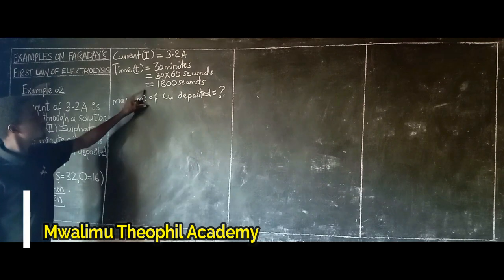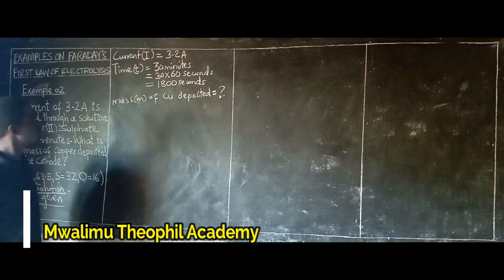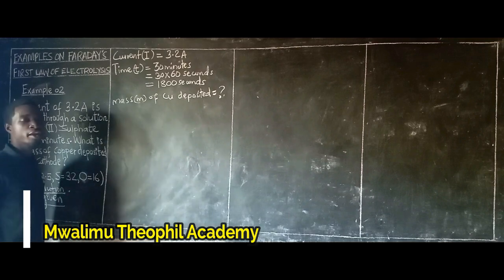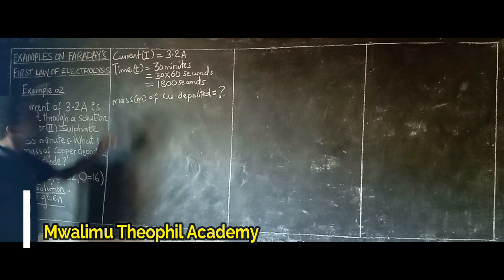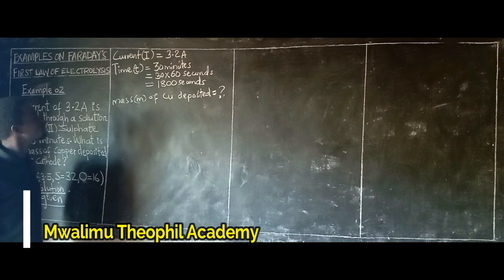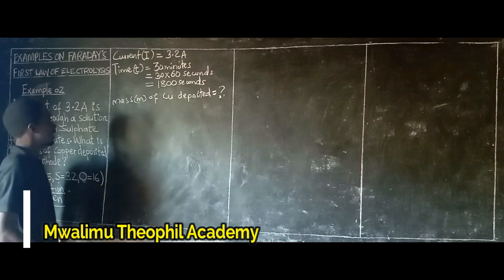I have decided to use the balanced chemical equation because we are not given the electrochemical equivalent of copper directly. So, we may use these prevailing data without involvement of electrochemical equivalent by using the balanced chemical equation. Now let us balance it.